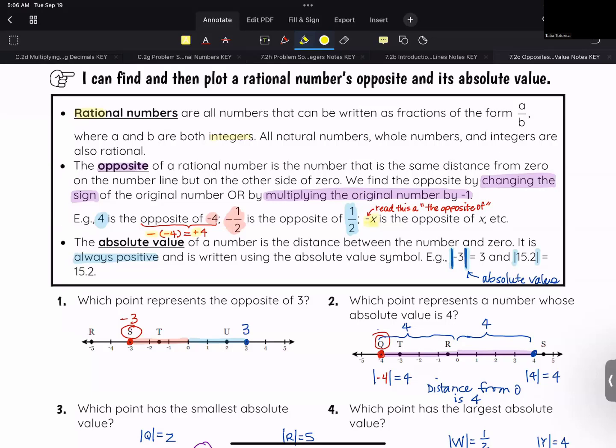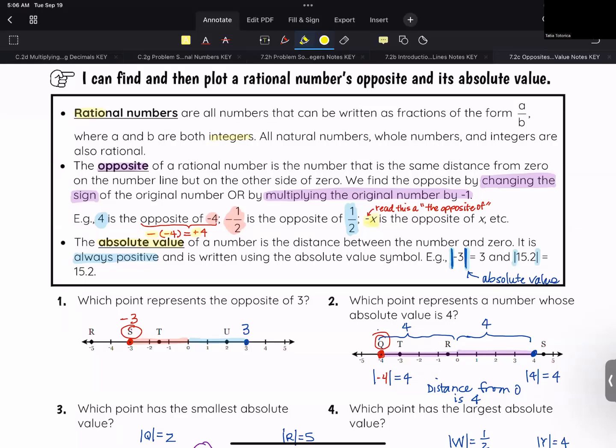And then lastly, we have something that is called the absolute value. You've been working with this informally when you think about the number of counters that you have and you ignore the color of those counters, because it is also the same as the magnitude. It's the distance between the number and zero, and it will always be positive.